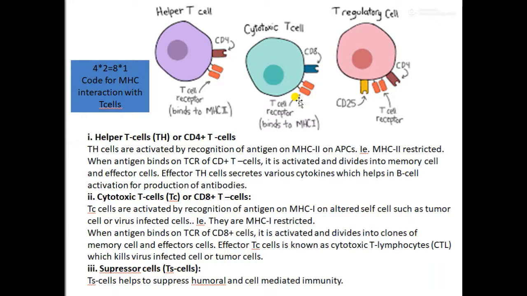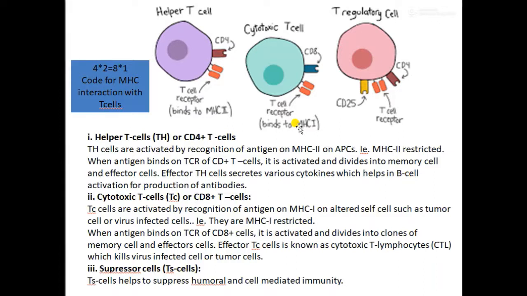So when a cell is altered by a tumor or virus infection, the class 1 MHC gets changed. The T cytotoxic cell understands that the class 1 MHC has changed, and it tries to kill those changed cells.